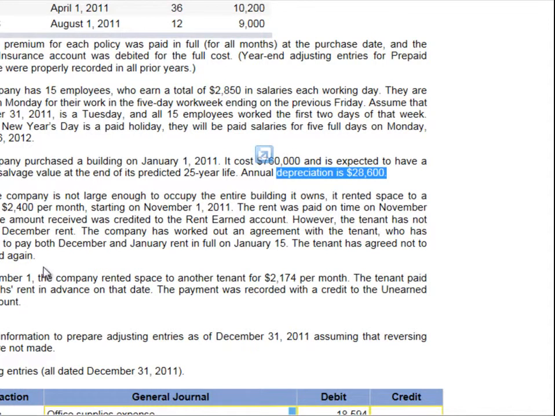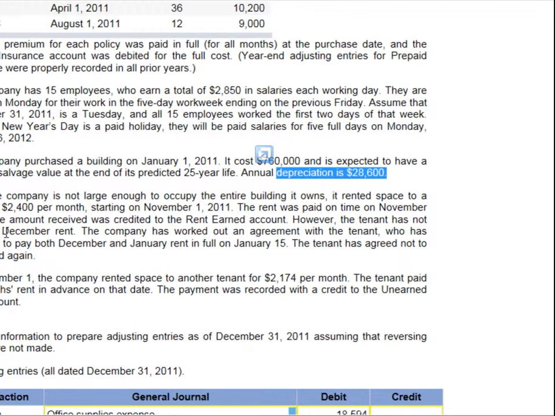That's our adjusting entry. The rent was paid on time on November 1st, and it was at that point it was credited to rent earned. So that's already been rent earned. It's not prepaid, it's not unearned, it's nothing like that. It's not accrued rent. So that one is not an adjusting entry. They haven't paid December rent, so we haven't recorded an entry yet, but we need to adjust for the fact that we've earned that money because the time has passed.